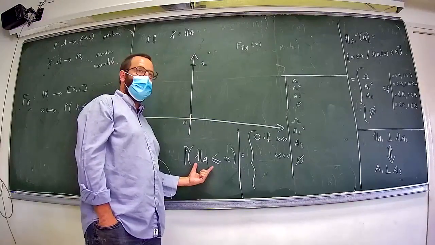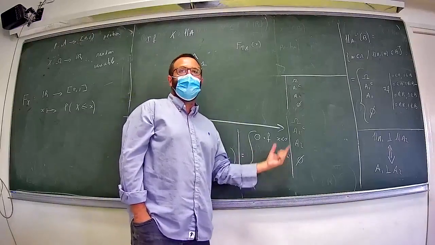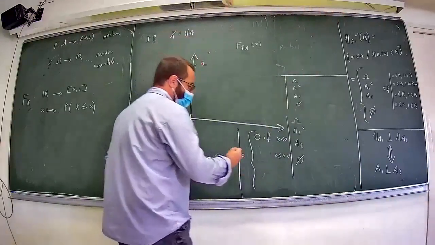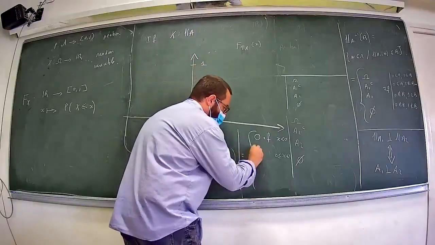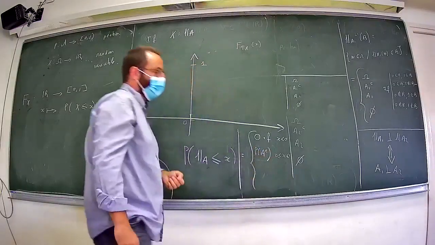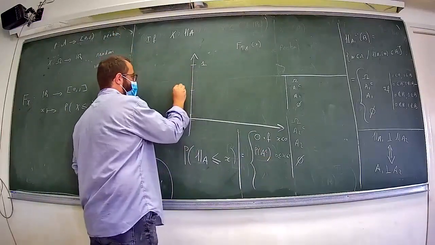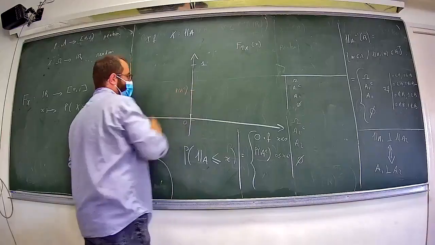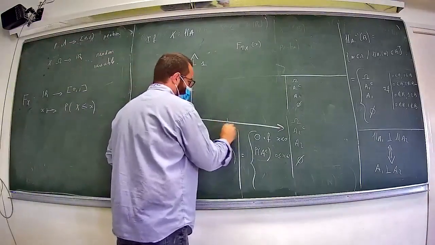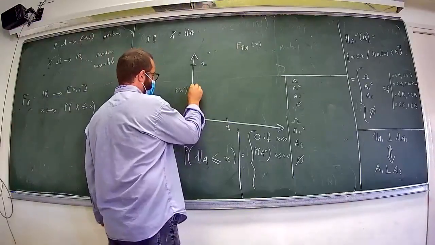So the probability that the indicator function is less than x in this situation is the probability to be in A complementary. So here my value is simply P of A complementary. I can plot it here. Imagine that P of A complementary is equal to this value between 0 and 1.